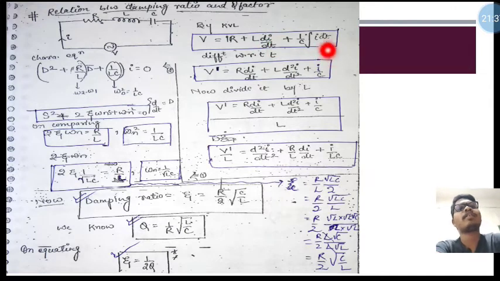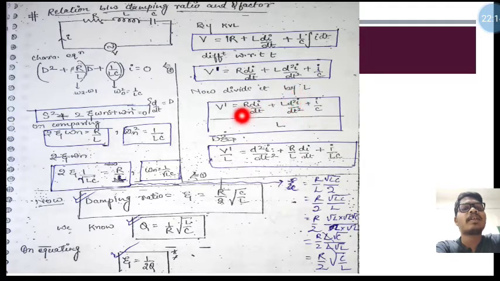The integration and differentiation cancel each other, so I is left, and 1 divided by C is constant. Now divide this equation by L. After dividing by L, V dash divided by L is equal to R di divided by dt plus L d square I divided by dt square plus I divided by C, whole divided by L.